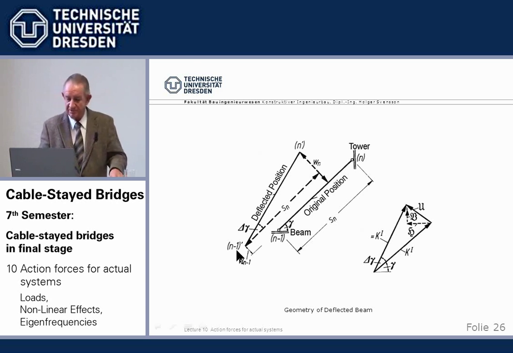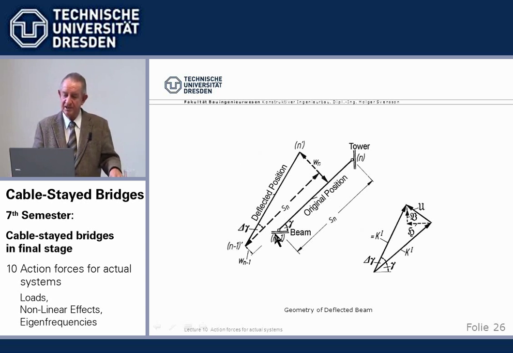The following happens. We have here an original stay cable, tower beam. And now we have a load on here. The beam deflects. The beam anchor points runs to here. Tower runs to here. And we have now two phenomena which create additional moments due to nonlinear theory, second order P delta effect.